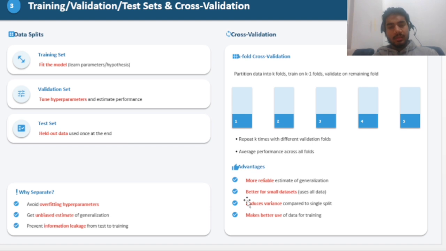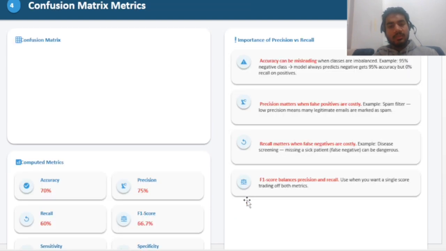Now let's see question number 4, in which we learn about the confusion matrix and evaluation metrics. We are given some values in question number 4, which are true positive is 6, false negative is 4, false positive is 2 and true negative is 8.